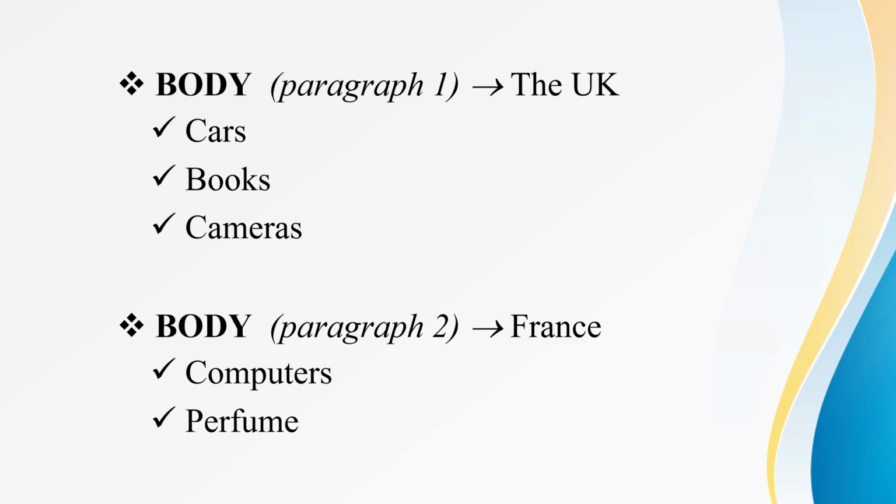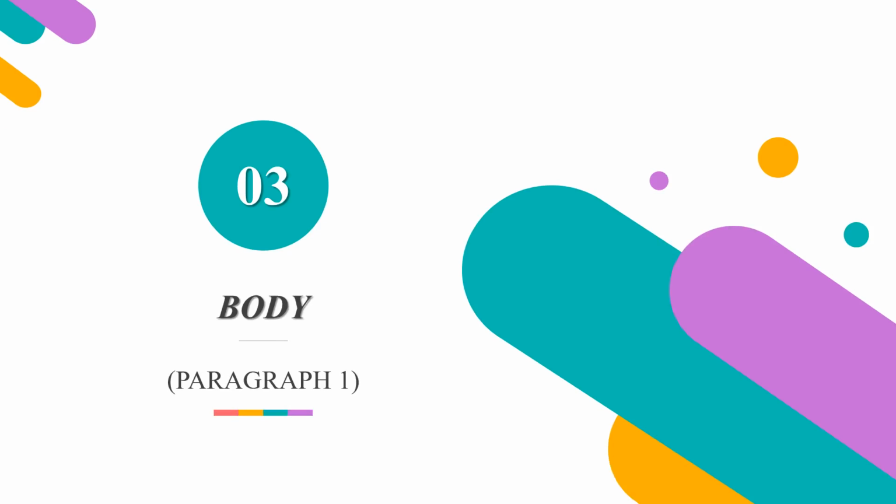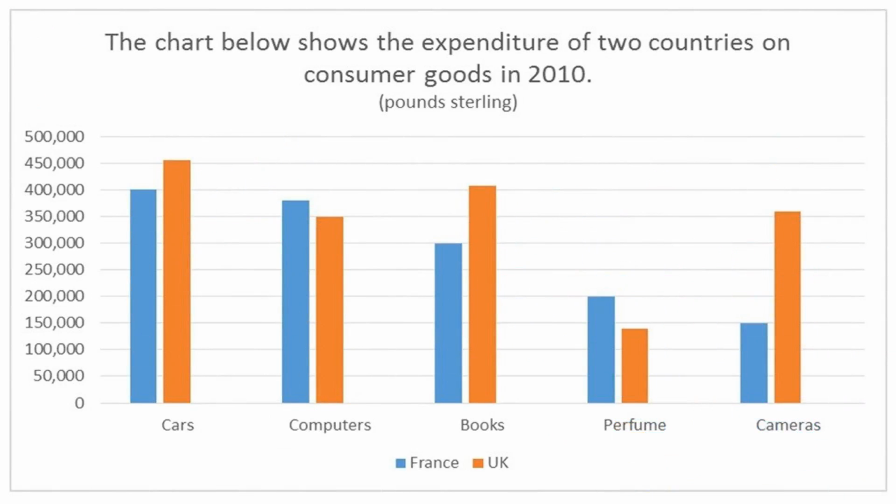Okay, so I will have you write the paragraph, body paragraph 1. Look at the chart. You can see that the car in the UK is maybe more than 415,000 pounds sterling, while in France just 400,000 pounds sterling.